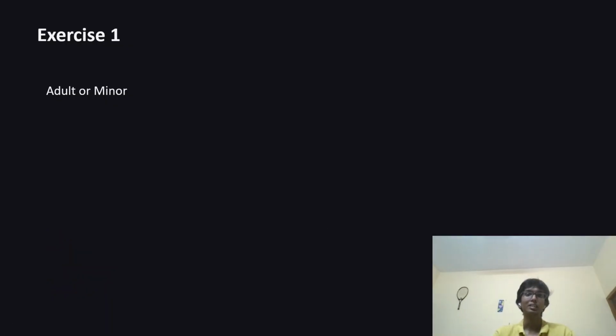Now we are back to exercises. So we are going to check adult or minor. We have already done this in our previous example, so it's time for you all to do it. In the case that you are not able to do it, we'll do it together and validate the code. Your time starts now.